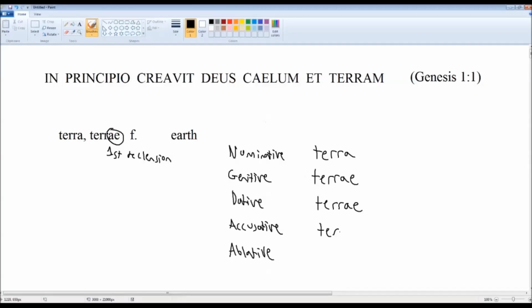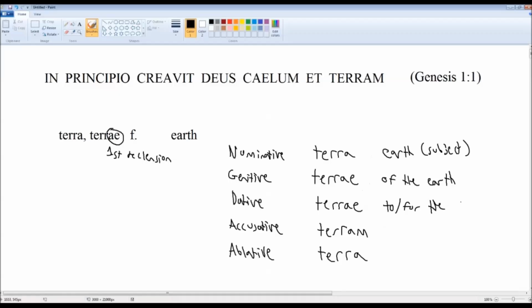Here's the scheme for terra, which means earth. So in the nominative case, terra, this means earth as the subject of the sentence. Genitive case, terrae, this means of the earth. Dative means to or for the earth. Accusative case means earth as the direct object of the sentence.